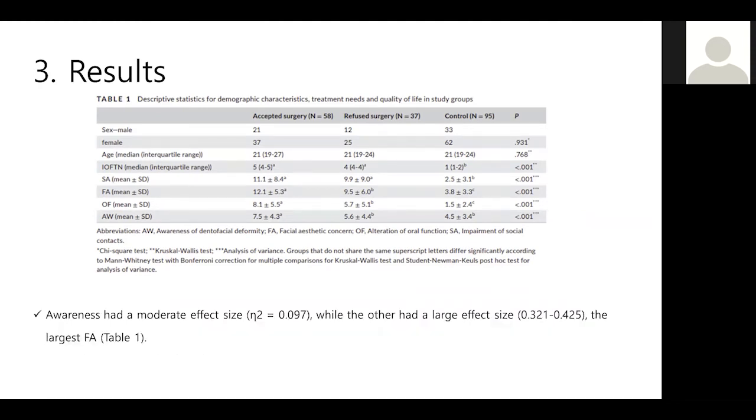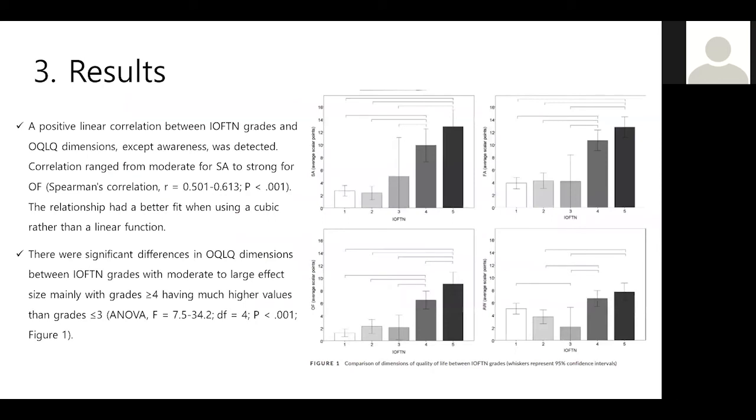A positive linear correlation between IOFTN grades and OQLQ dimensions, except awareness, was detected. Awareness had a moderate effect size, while the others had a large effect size, the largest being facial aesthetics. There were significant differences in OQLQ dimensions between IOFTN grades, with moderate to large effect size, mainly with grades higher than 4 having much higher values than grade 3.